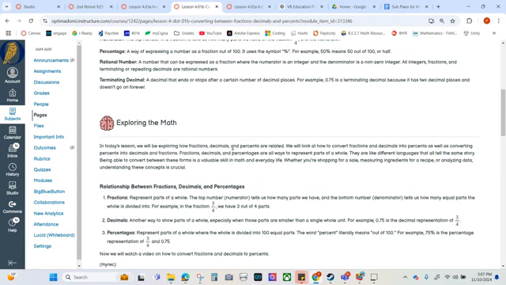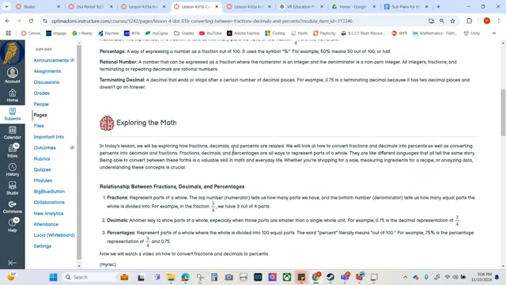Decimals. Another way to show parts of a whole, especially when those parts are smaller than a single whole unit, is a decimal. For example, 0.75 is the decimal representation of 3/4. Percentages. Percentages represent parts of a whole where the whole number is divided into 100 equal parts.